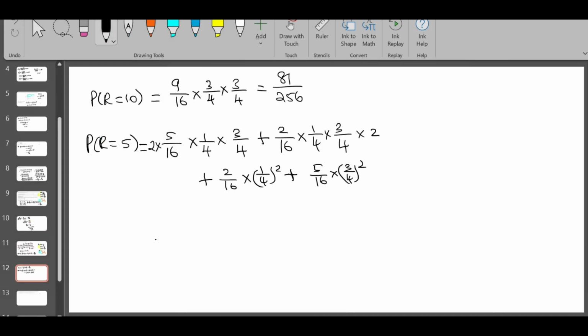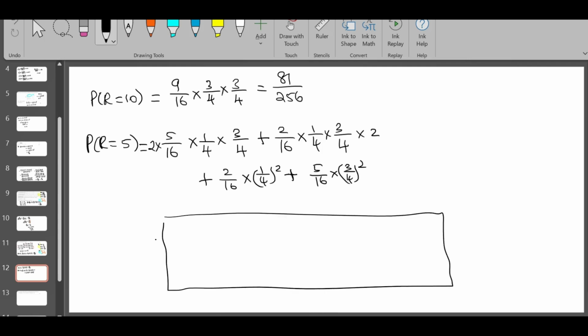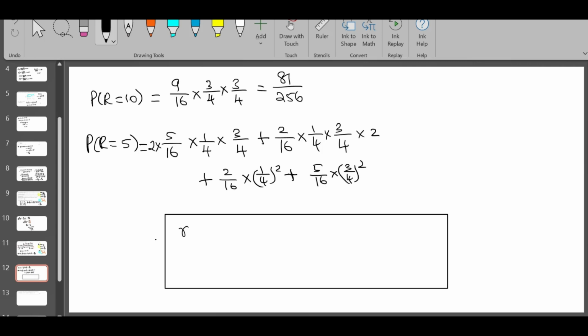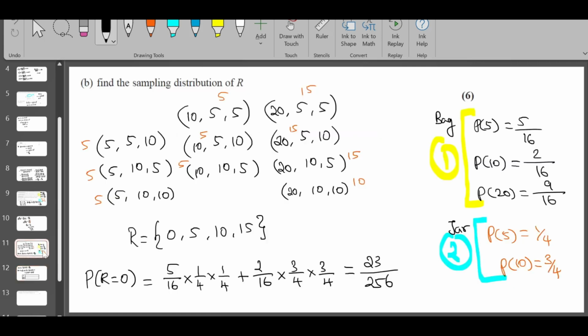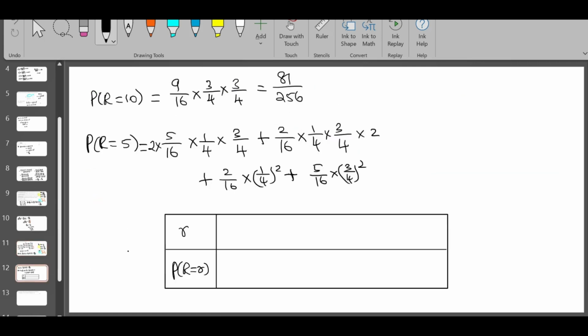Okay. When you draw the probability distribution table, you put small r, P of capital R is equal to small r. That's how we write it. So what are the values R takes? From here, 0, 5, 10, 15.